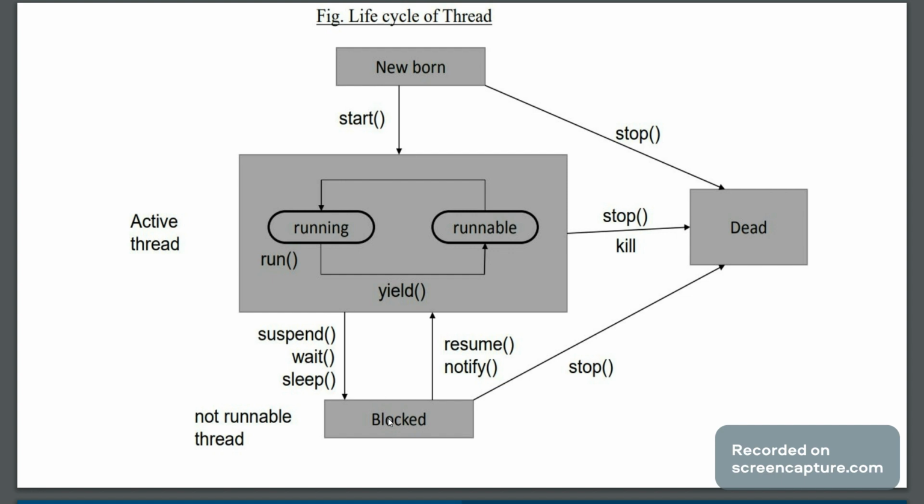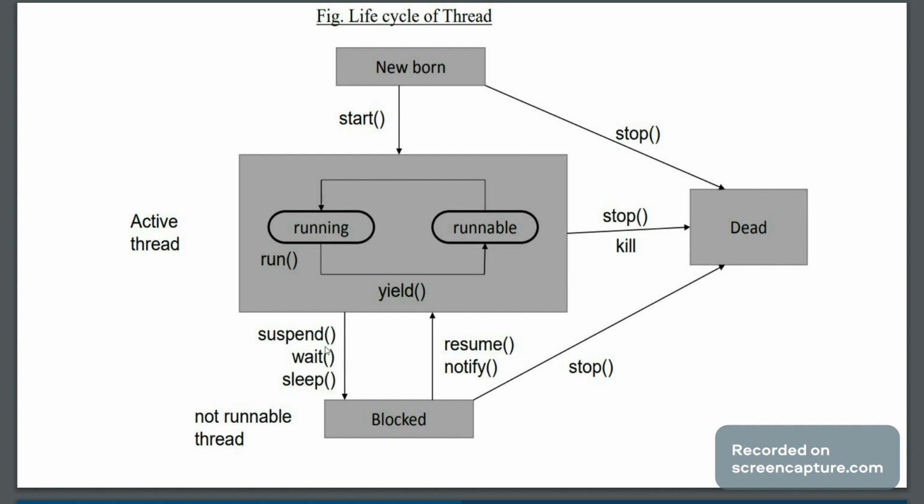It is not dead yet, it can be executed again. The suspended thread will be in blocked state or idle till we call the resume method. Once we call the resume method, it will be placed again in the runnable state, in a queue, and it will wait for its turn to be executed on the CPU.